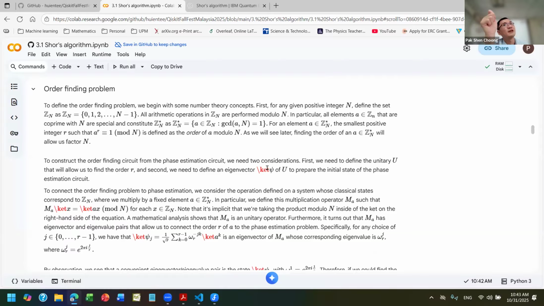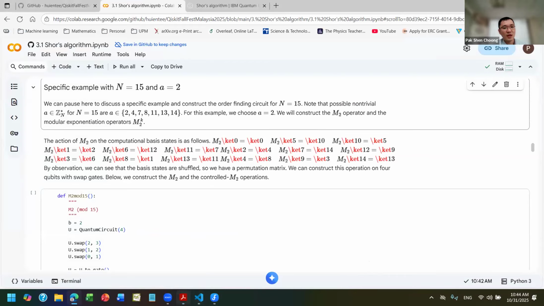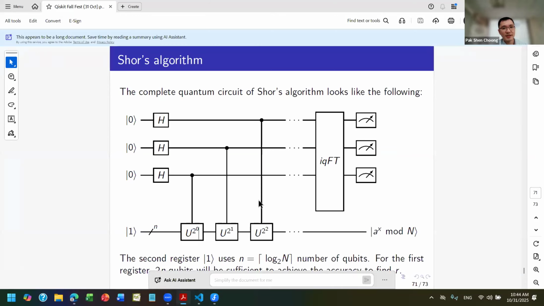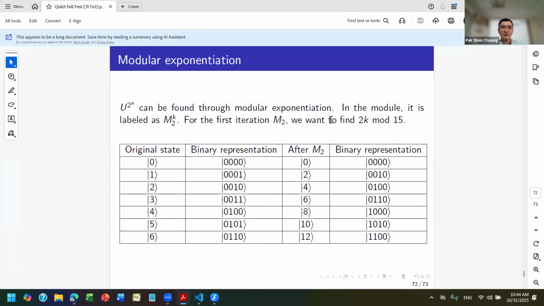So in my slide, I use U2 to the power of 0. In the Qiskit module, they use M2. So you need to understand what M2 does. When you perform iterations on M2, what you are actually doing is computing 2 times k mod 15.